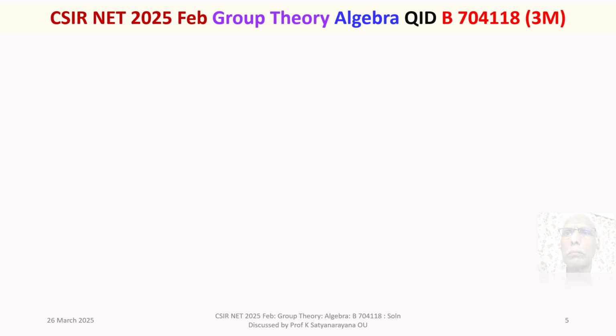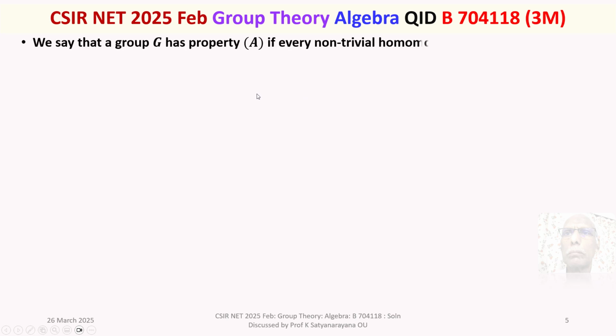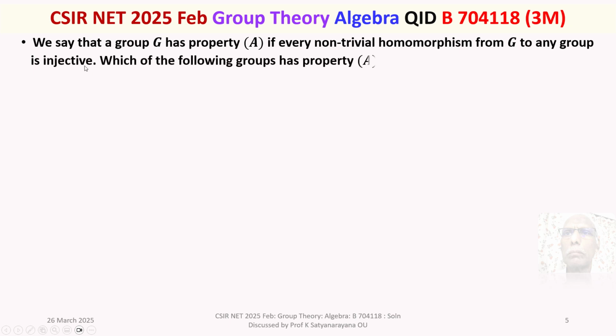Right. The given question is, in this question, a definition is given. It says, we say that a group G has a property A if every non-trivial homomorphism from G to any group is injective, that is 1 to 1.